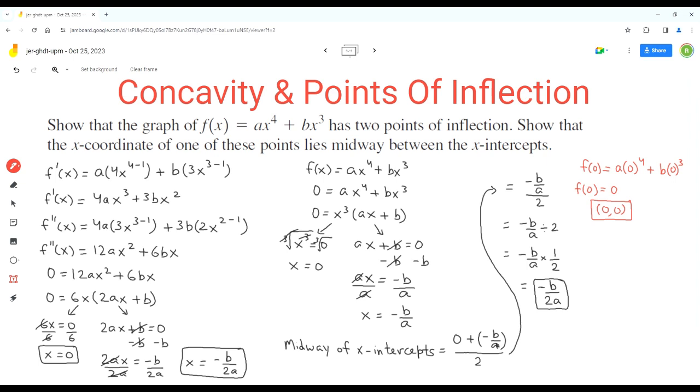Now we can sub in x as minus b over 2a in the given function. Plus, now we can simplify this expression.